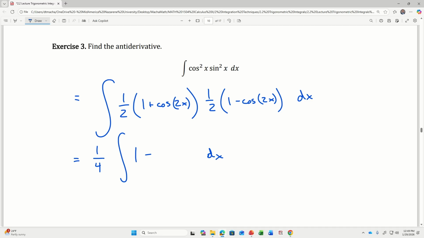What would be cosine squared of 2x? Perfect. Yeah. So there's going to be a positive cosine 2x that cancels with a negative cosine 2x. And then when I get to the last terms, I'll get cosine squared of 2x.